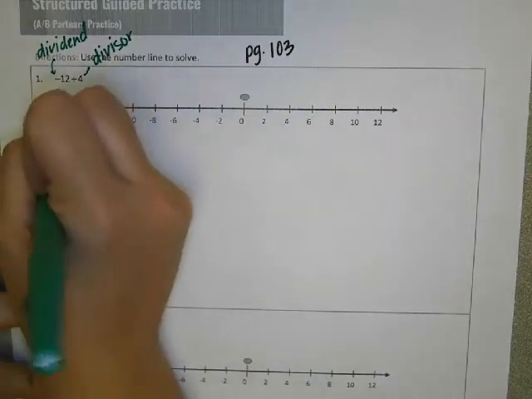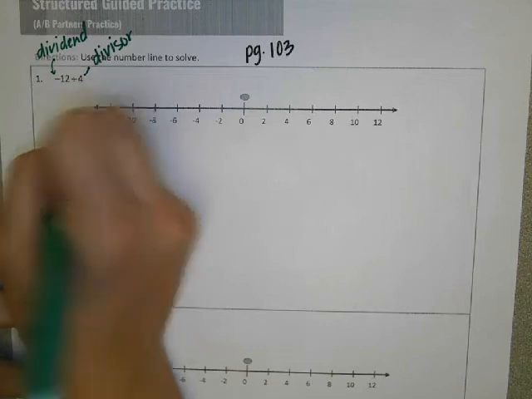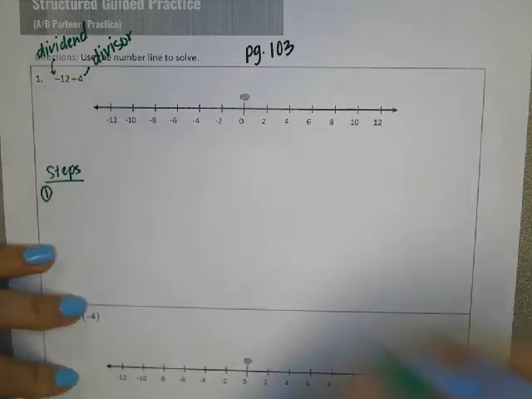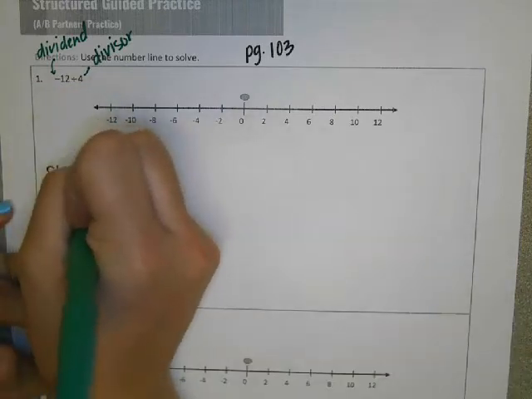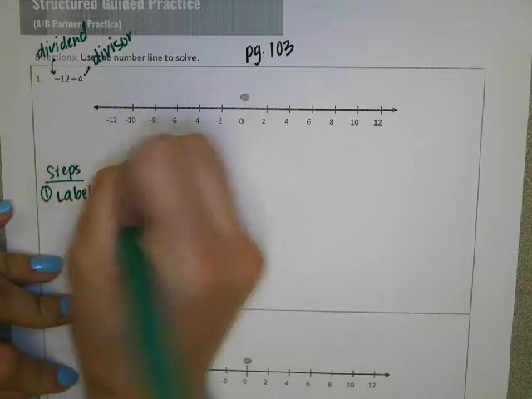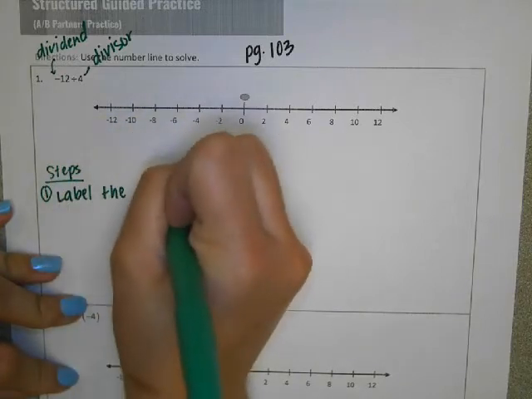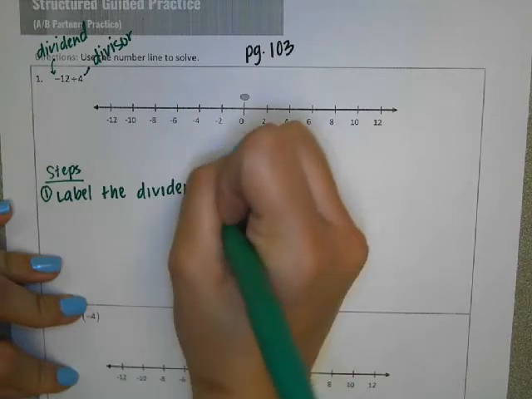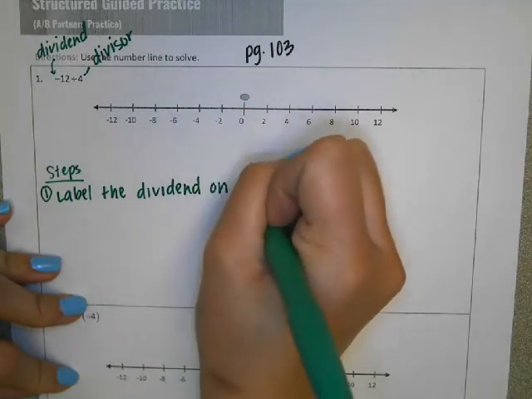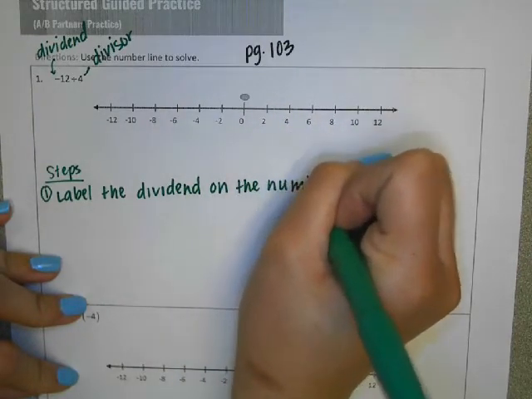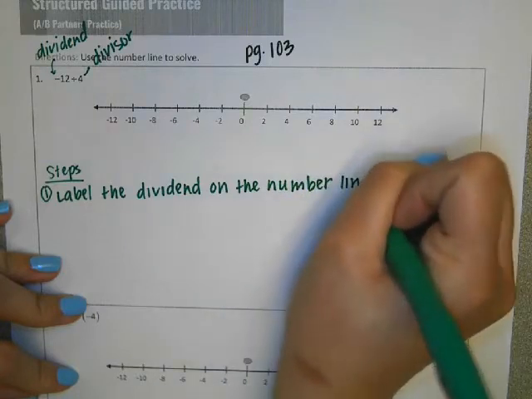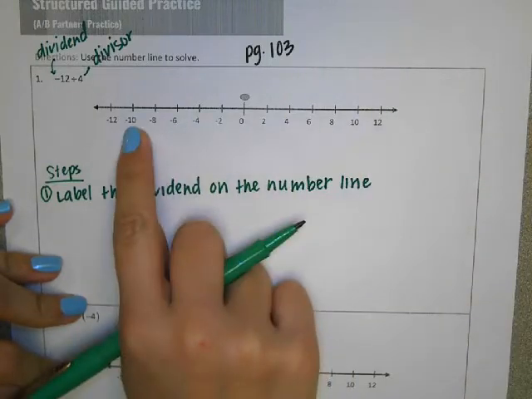So I'm going to write down my steps. Step 1 is just going to be to label the dividend on the number line. Now what that looks like is I'm just going to put a dot where my dividend is.